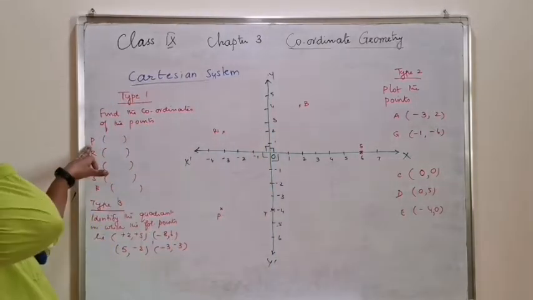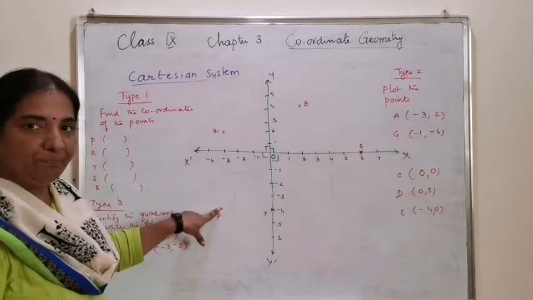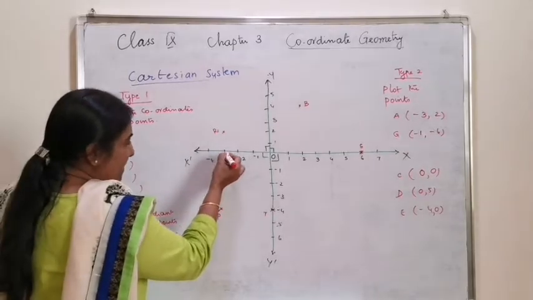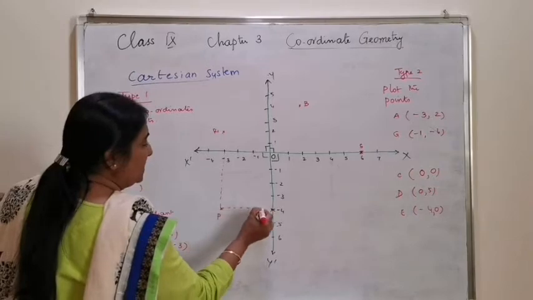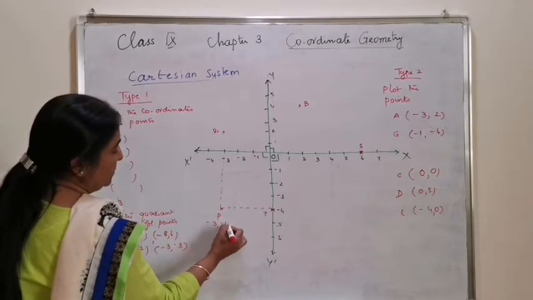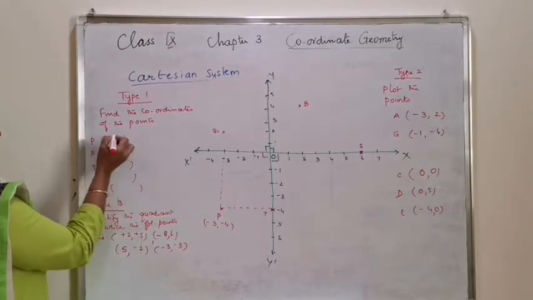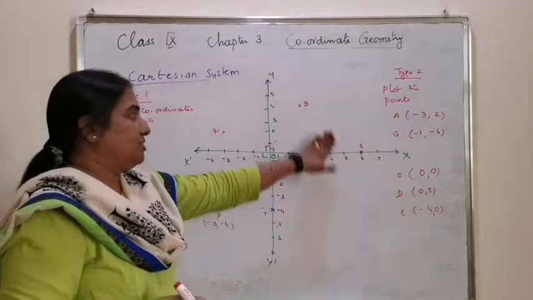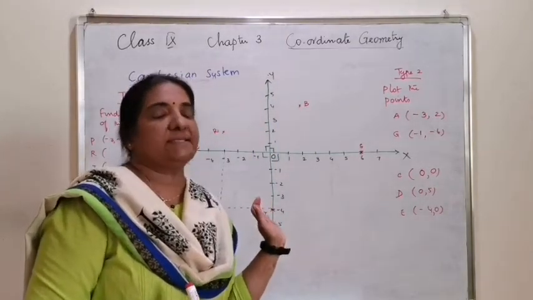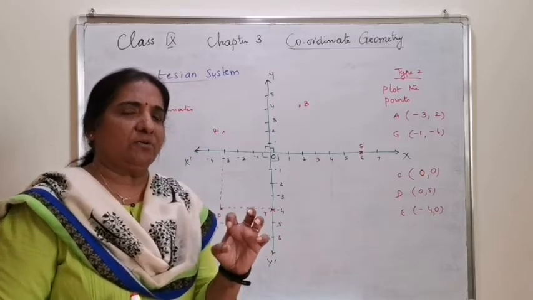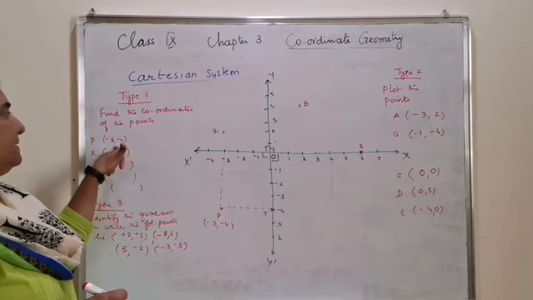Now, the point P is here and the x value corresponds with -3 and the y value corresponds with -4. So the point P represents (-3, -4), and if the position of the positive numbers and negative numbers on both the axes is very clear, you can identify the quadrant very easily. (-3, -4) is in the third quadrant.